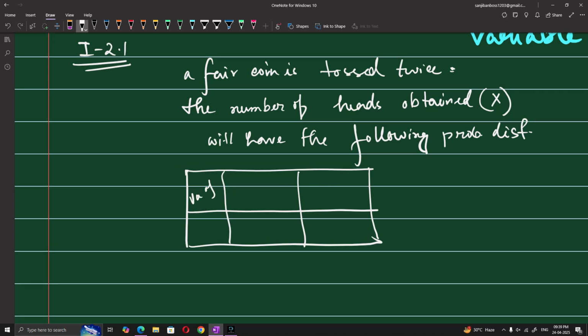Value of x, this is probability of X equal to x, this is small x and this is capital X. 0, 1 by 4; 1, 1 by 2; and 2, 1 by 4.